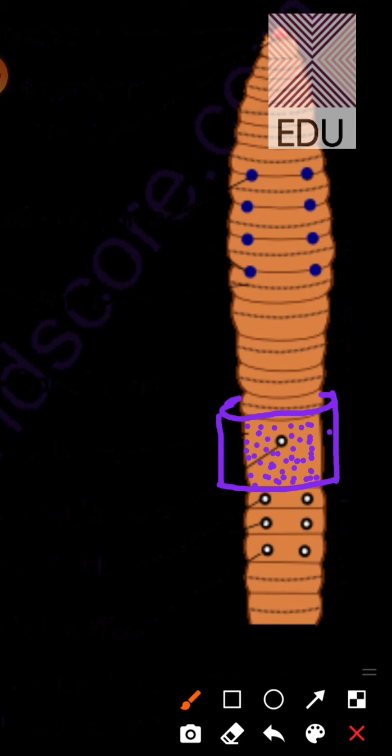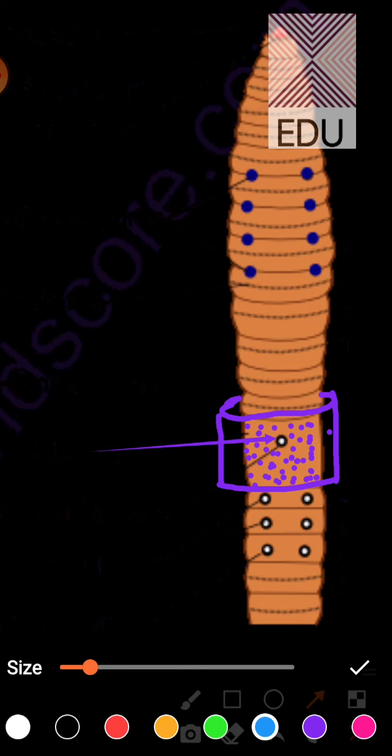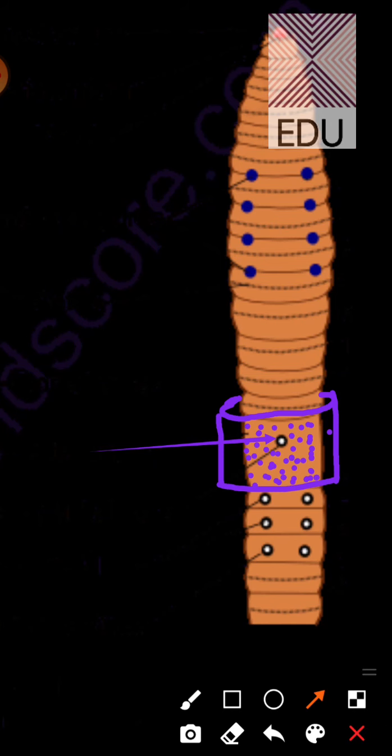Now in this particular ootheca or egg case layer, what will be poured from the female genital pore? These are the eggs. The eggs come out of this female genital pore from the 14th segment into this egg case. Here you can consider the blue colored dots as eggs.